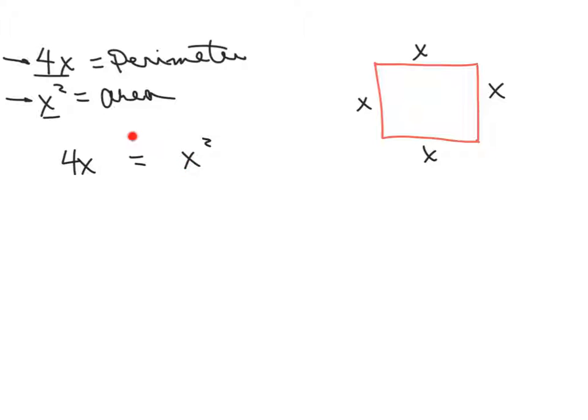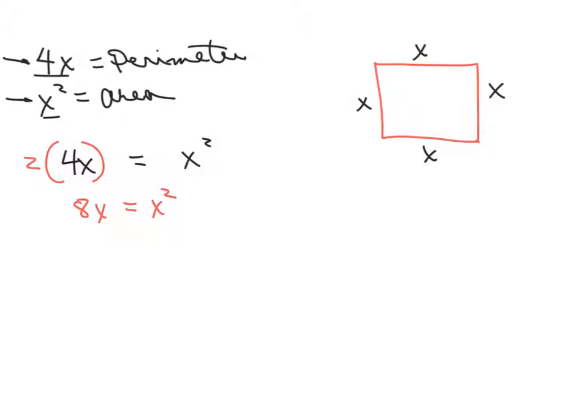So if the area is twice as big as this, this is half the size of that. Well, I don't want them to be different. I don't want this one to be half the size of that, or this one to be twice as big as this. I want them to be equal. That's why I have an equal sign. So in order to make them equal, if this one's twice as big as this, if I make this one twice as big as it is, now they're equal, right? So 8x equals x squared.